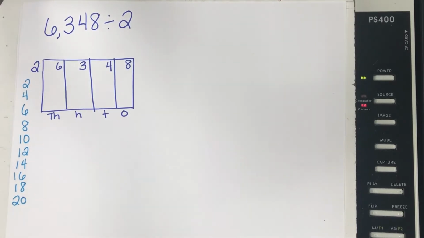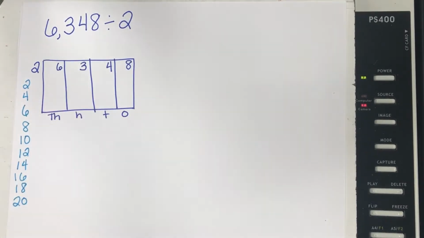All right. So I'm going to think 6. If I have 6 that I could share, how many would I be able to put in each of those circles? 3, because 6 divided by 2 is 3.